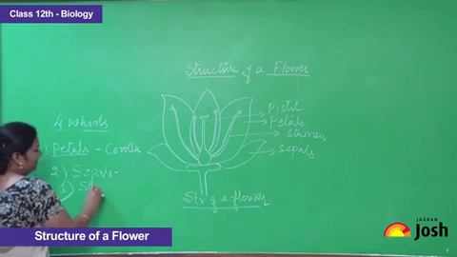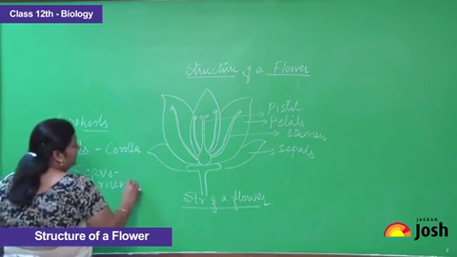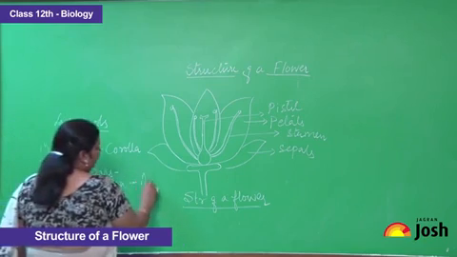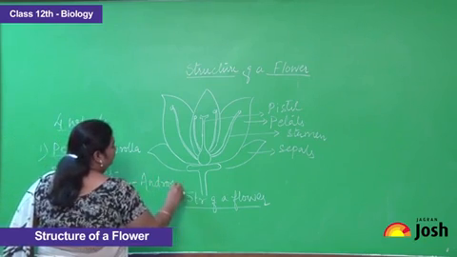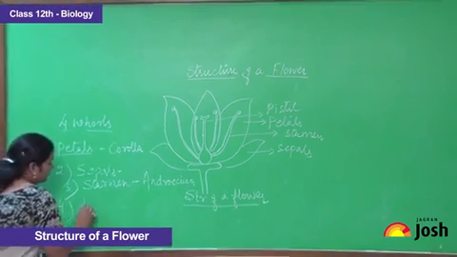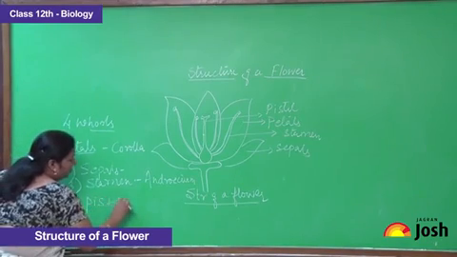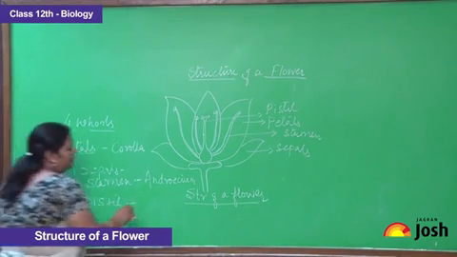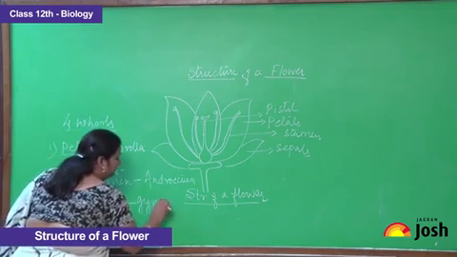The third is stamen. Stamen is collectively called as androecium. And the fourth part is pistil, and a group of pistils is collectively called as gynoecium.